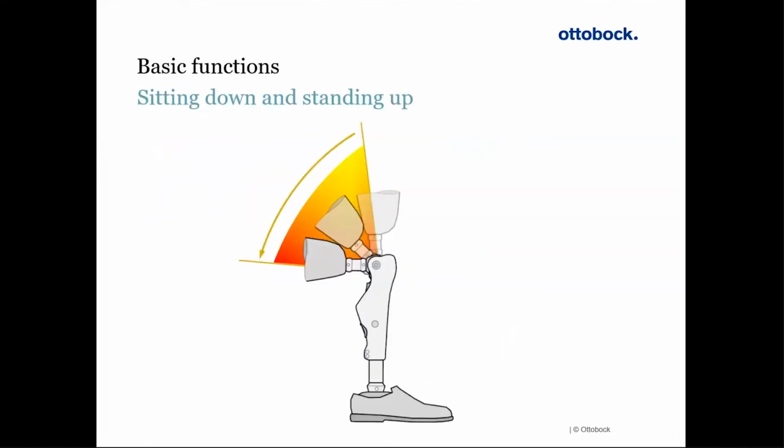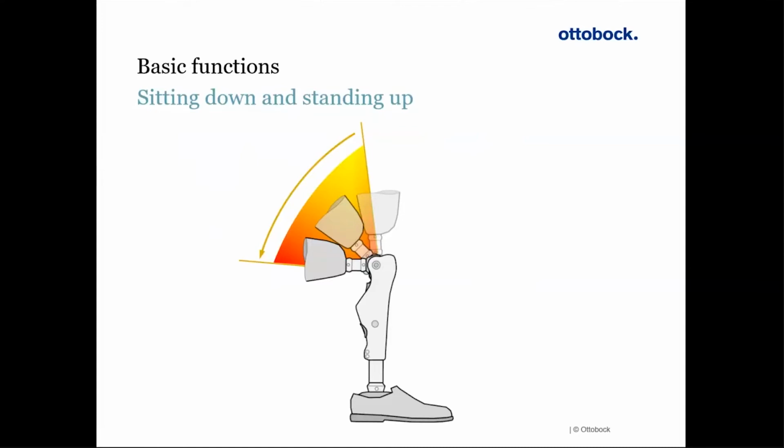Next slide. One of the things that make the Kenevo unique when comparing it to the C-Leg, as Dr. Kannenberg had talked about, was that sitting down and standing up function that is available within the Kenevo in all 3 of the modes.